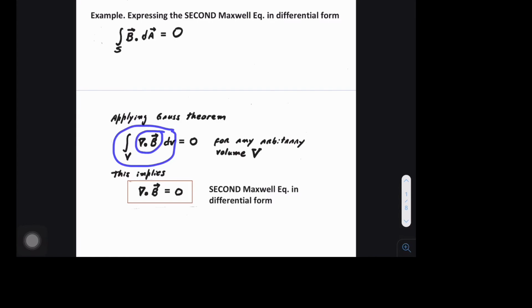So it implies that the divergence of the magnetic field is equal to 0.